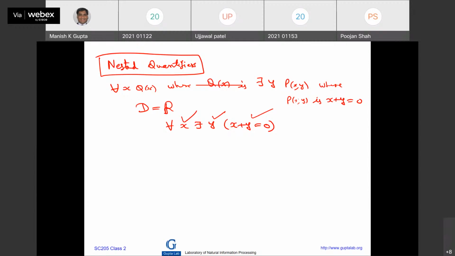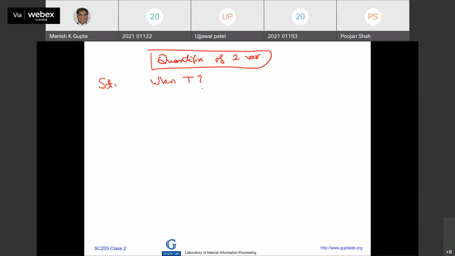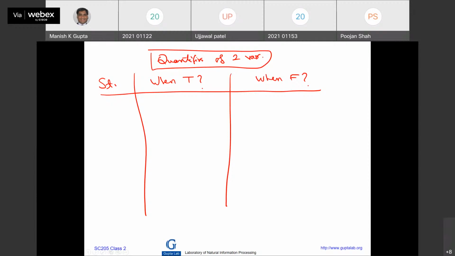Okay. So now I can write down quantifiers for two variables in a table, which is fairly straightforward to look at. Two variables: a statement, when true, when false. For every x, for every y, P(x,y).